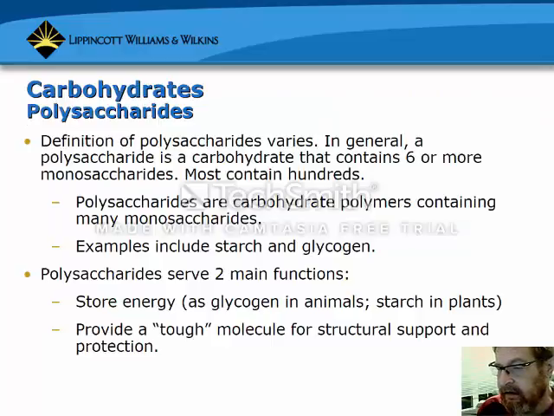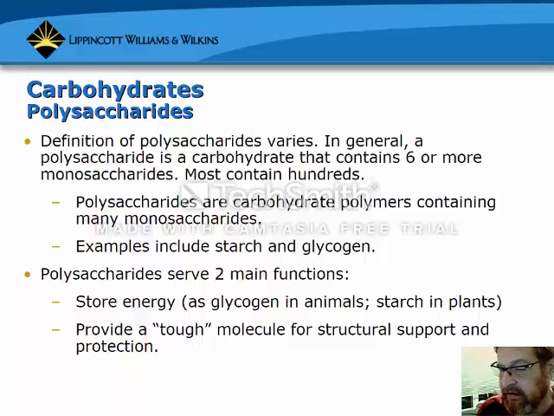Now, when you have more than just 2 rings, you can have polysaccharides, which have a large number of monosaccharides, and starch is really your main go-to for that.